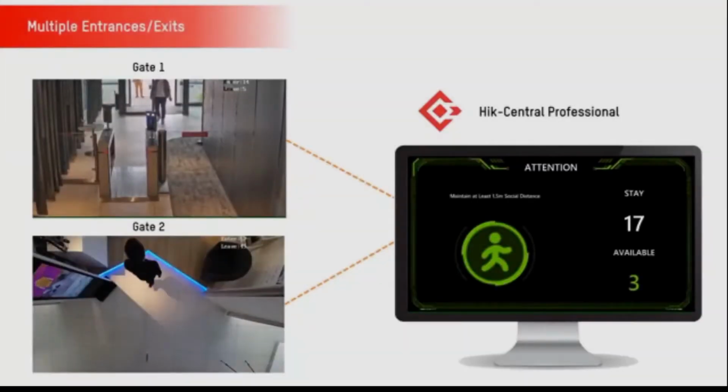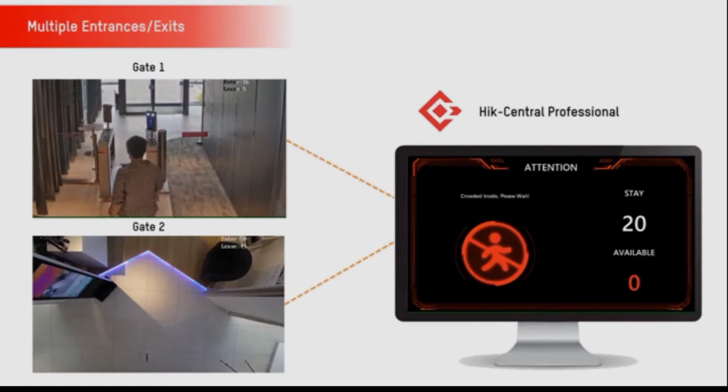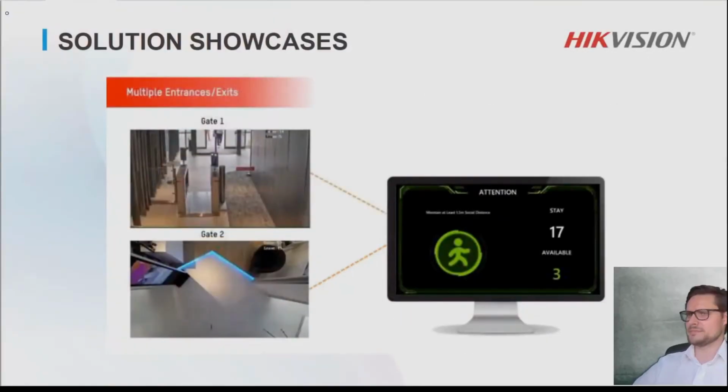And also you have multiple entrances and exits, so it will count all the people in and out at the same time as one group. So you can see it's counting every single one of them that enters or exits, and it comes up instantly on the screen.